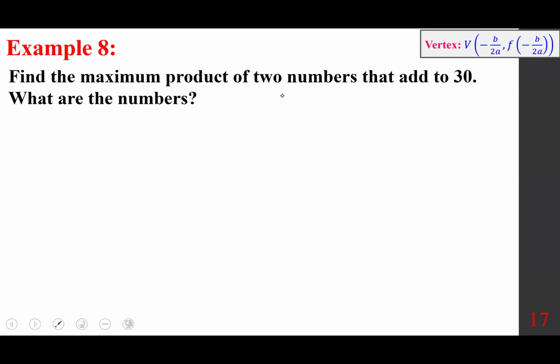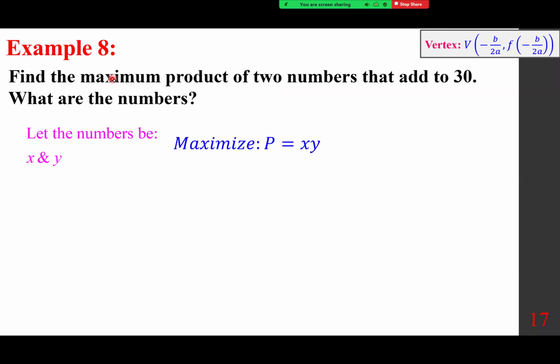You want to find the maximum product of two numbers that add to 30. What are the numbers? So again, we don't know the numbers. How about x and y? You have to define your variables, so x and y. We want to maximize the product x times y, given that they add up to 30, x plus y is 30.